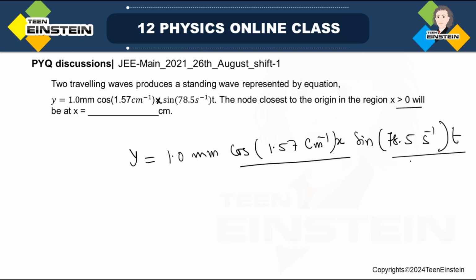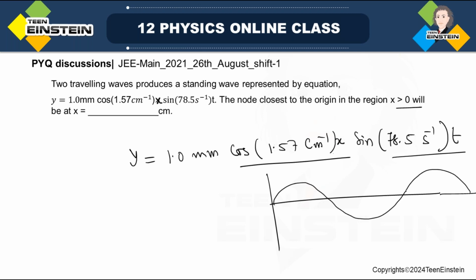Okay, I just mean to say, if suppose you have a standing wave like this, so the position of the nodes are actually not changing, or the antinodes are not changing.